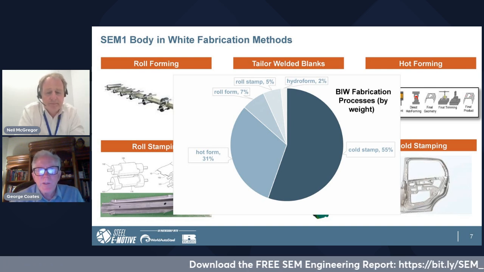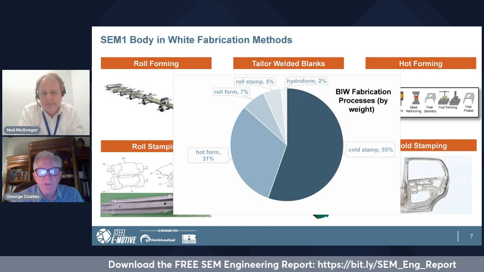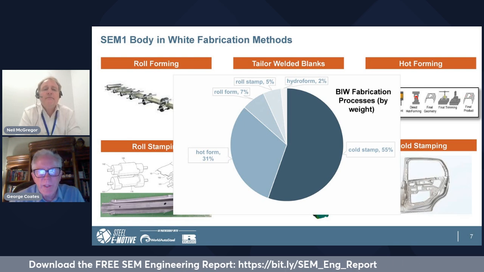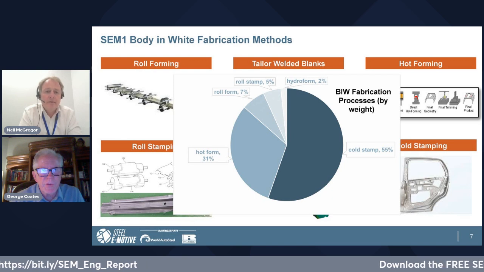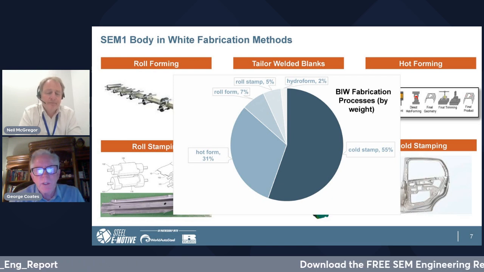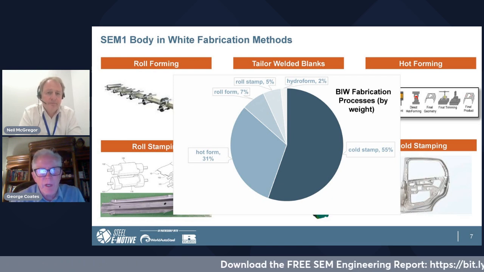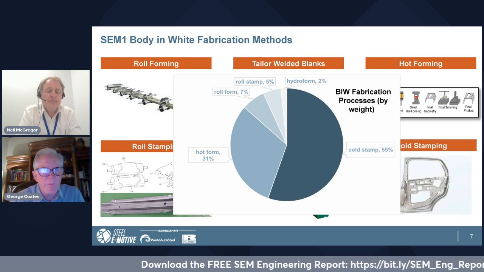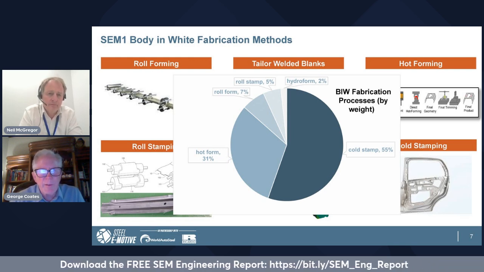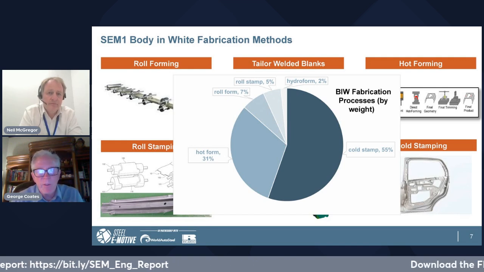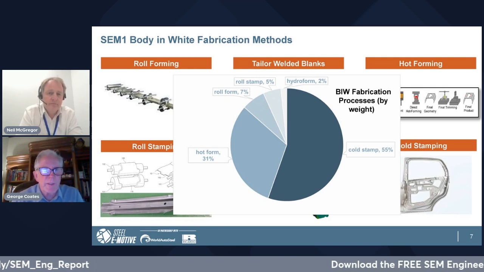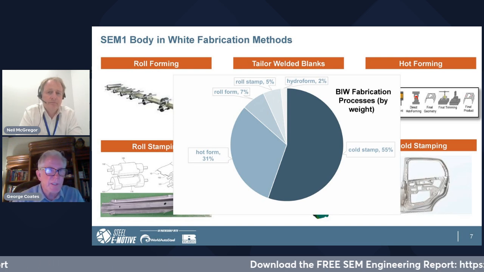Neil, just as a reference, the Future Steel Vehicle Program used, I think, almost 80% conventional stamping. So the fact that we were able to introduce quite a bit of non-conventional or alternative fabrication processes I thought was really great, because, as you mentioned, the high materials utilization factor associated with many of these means you're producing less steel, which means your costs are lower and, as you said, your emissions are lower.